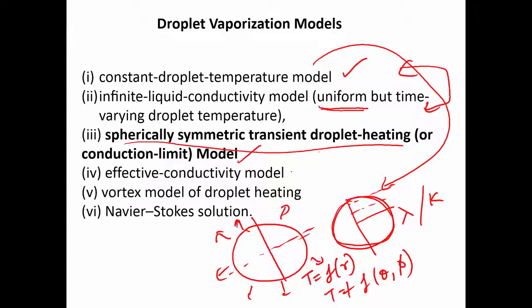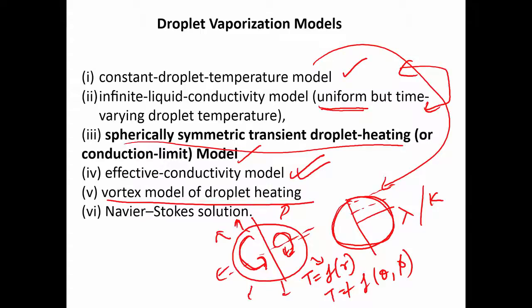There is something called the effective conductivity model also, which we will come across a little later. Then there is the vortex model. The vortex model takes into account the fluid flow inside the droplet, so it is a convective model. It accounts for how the liquid inside the droplet is churned.